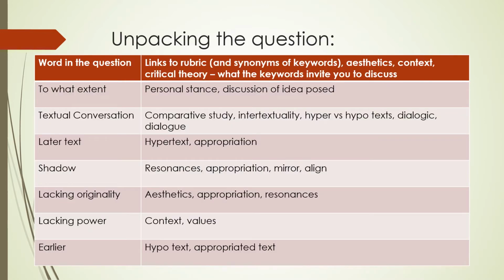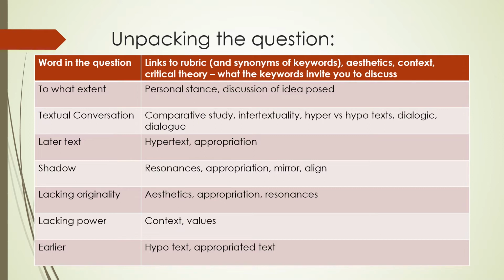So this table presents the words in the question and how these link to the rubric or synonyms of keywords in the rubric, and how they might link to aesthetics or context or critical theory. So essentially what the keywords in the question invite you to discuss or prompt you to discuss.